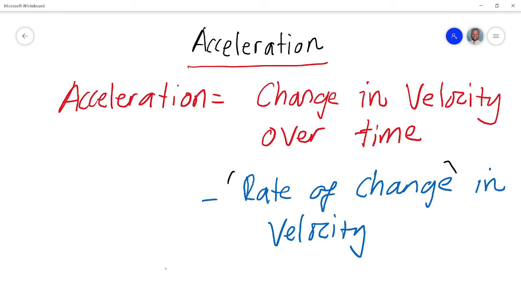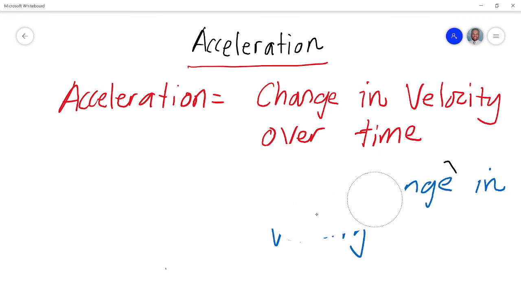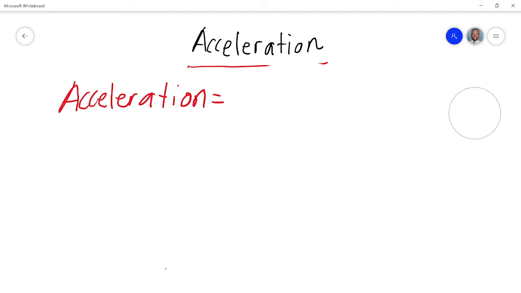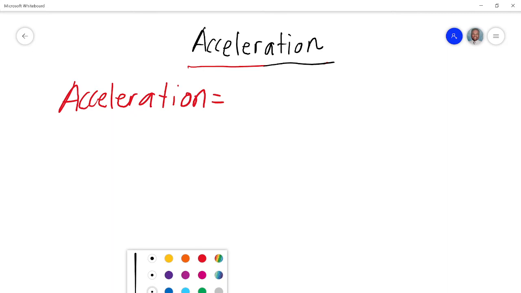So acceleration is either change in velocity over time or rate of change in velocity. It's important that we understand the definition because that will guide us into the formula to represent acceleration. So keep these two definitions in mind, and we're now going to write down the formula to calculate acceleration.